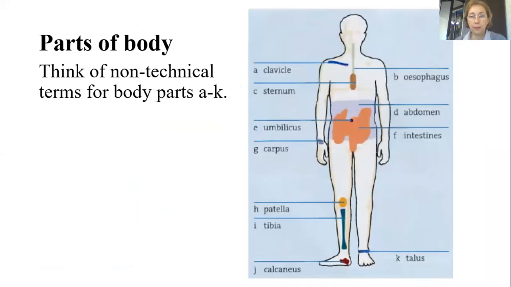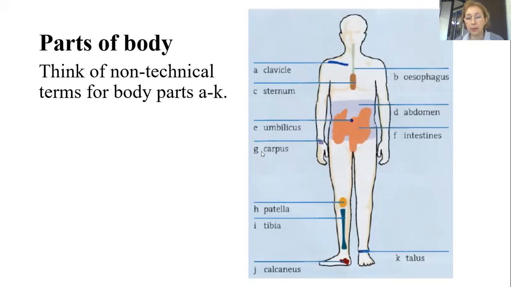Now, let us focus on this slide, and think of the non-technical terms for body parts, which are given here. For example, we have already heard such medical terms as umbilicus, corpus, or abdomen.